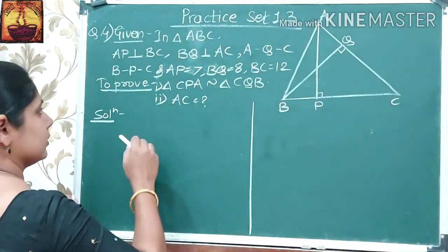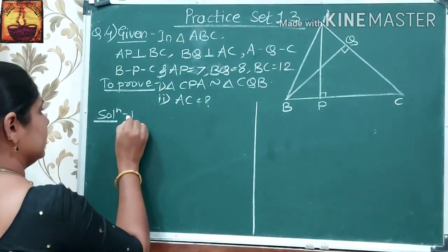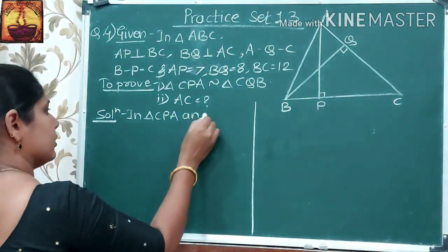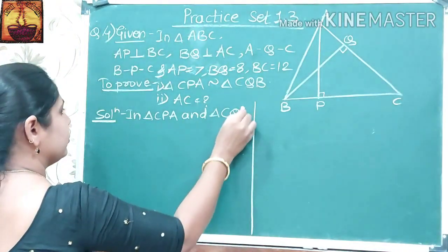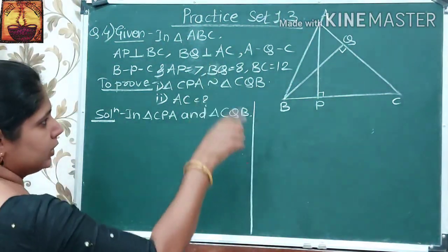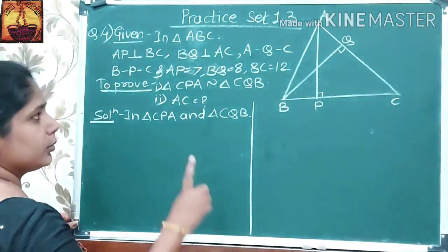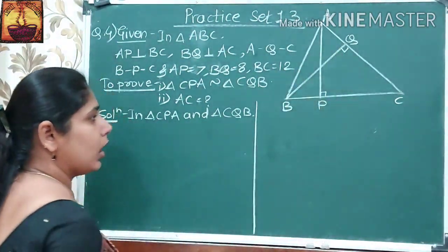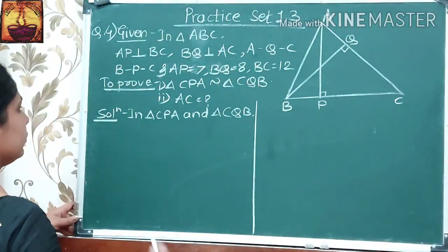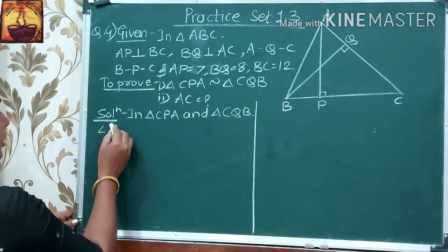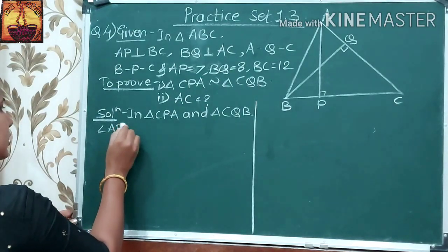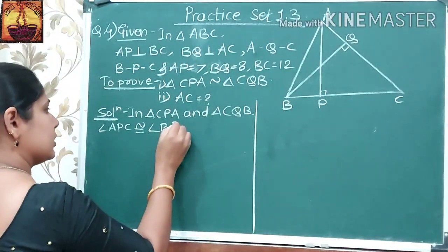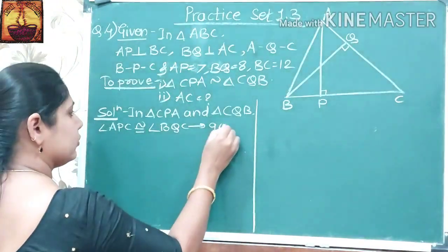Then for proving the similarity in triangle CPA and triangle CQB, we have AP is perpendicular to BC and BQ is perpendicular to AC. It means angle P and angle Q are of 90 degree. Therefore, write here angle APC is congruent to angle BQC, each of 90 degree.